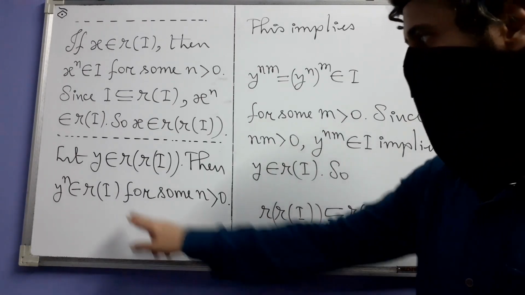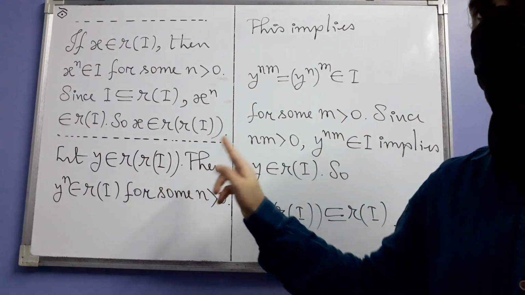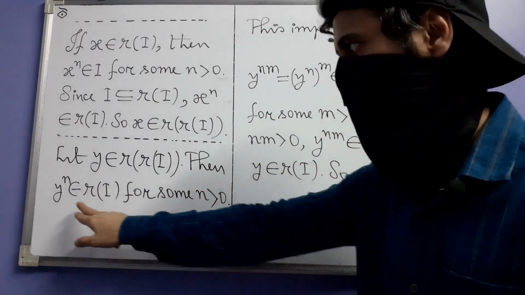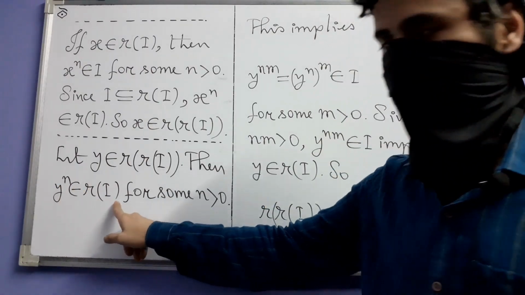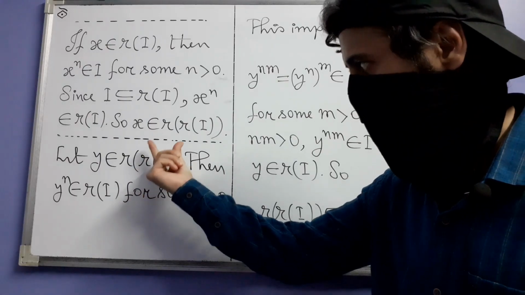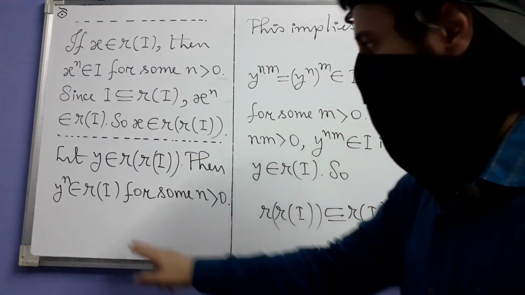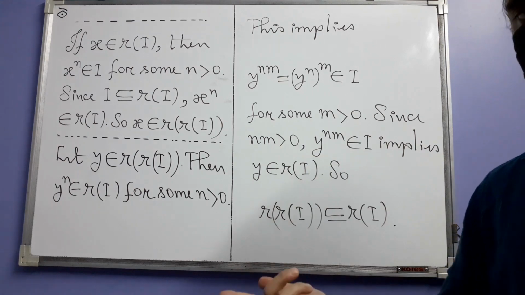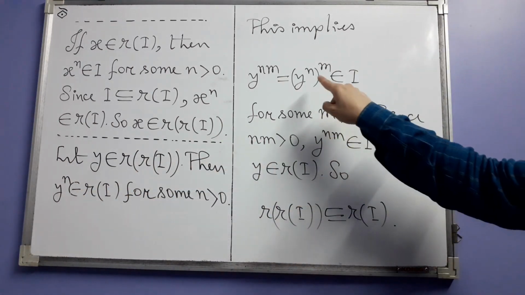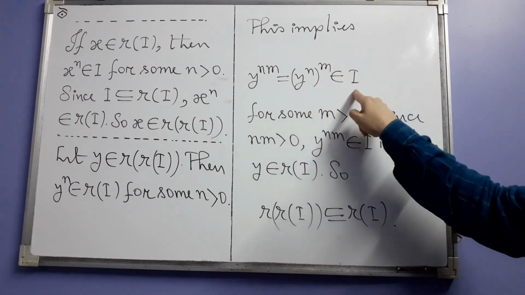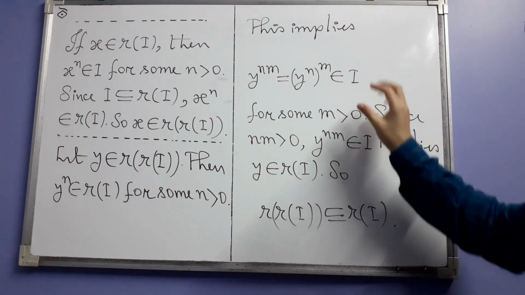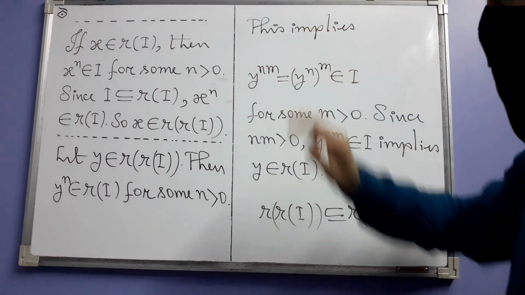For the second containment, we take any element y in R of R of I. So straight away we apply the definition, then some power of y belongs to this ideal R of I. Here this is the radical of the ideal R of I. Okay, but then again, because this is an element in the radical of I, so some power of it will belong to I, where m is some positive integer. But this is actually equal to this.